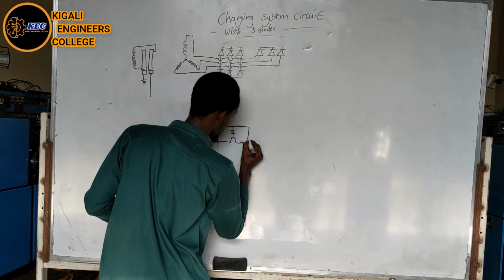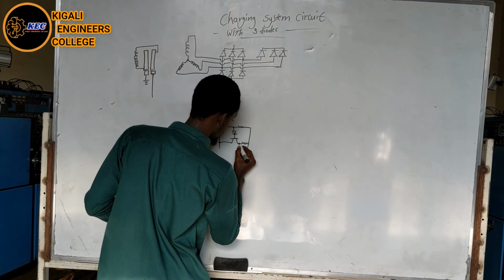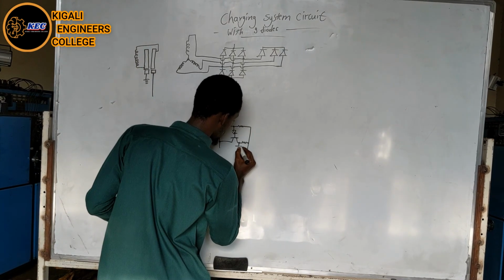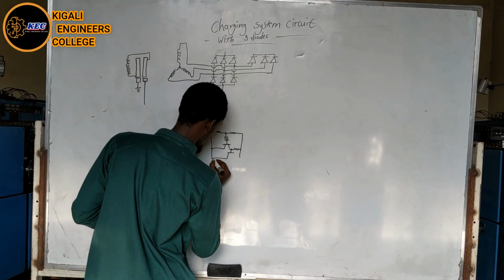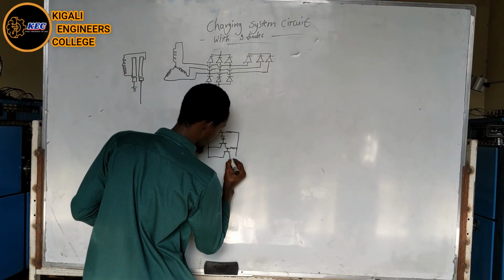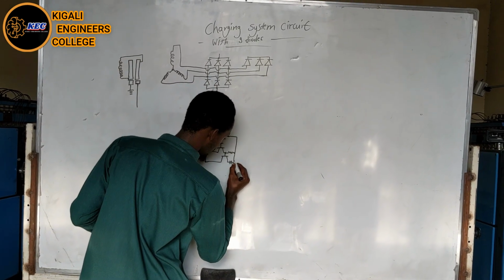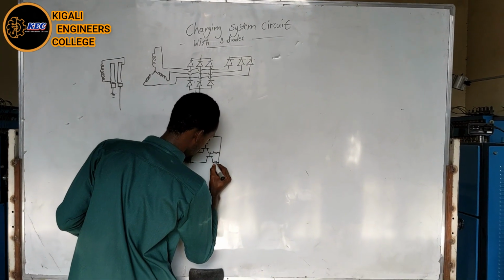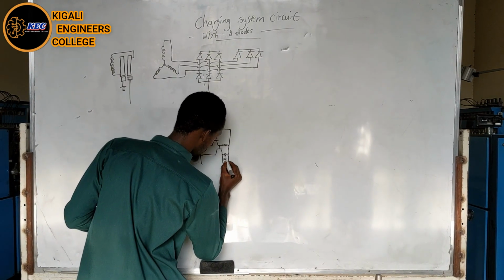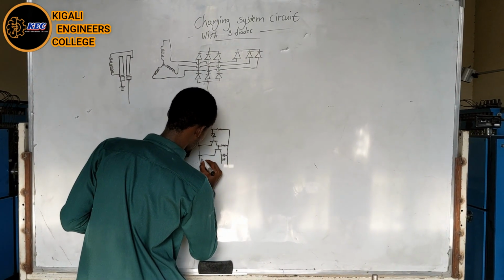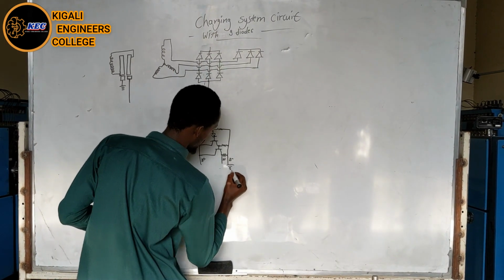And also here have another transistor. Here we have a diode, and here we have out, excitation. Here we have a ground.